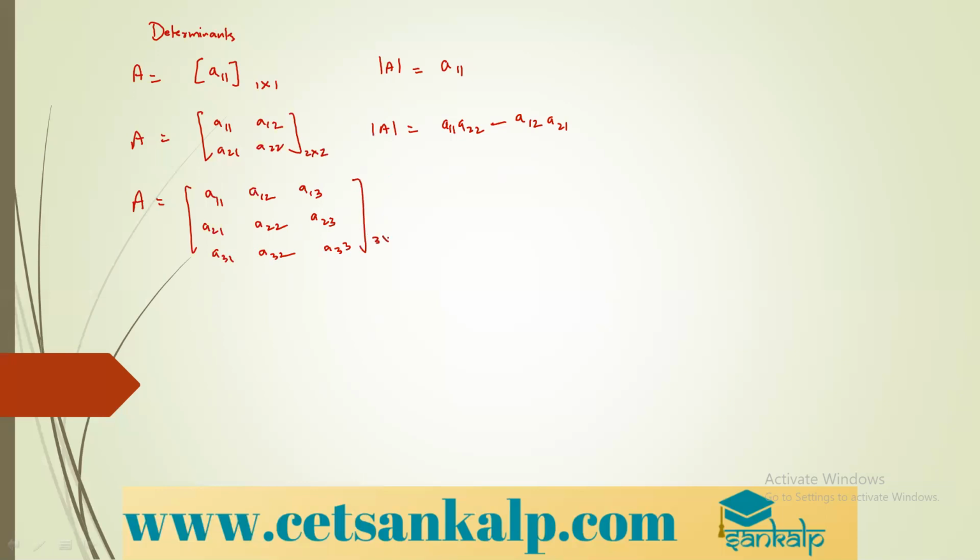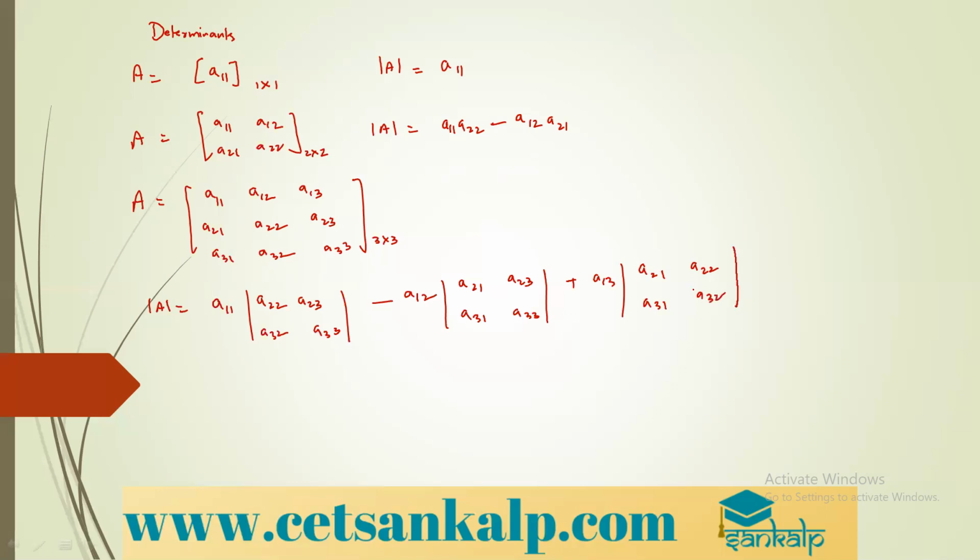Then the determinant of A will be A11 into the determinant of [A22, A23; A32, A33] minus A12 into the determinant of [A21, A23; A31, A33] plus A13 into the determinant of [A21, A22; A31, A32].